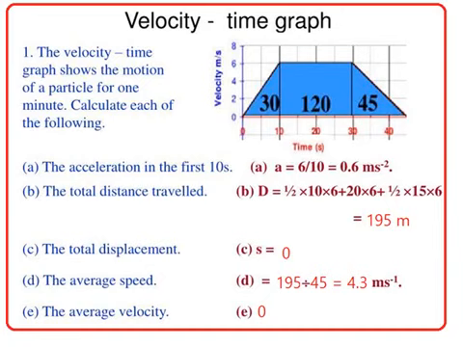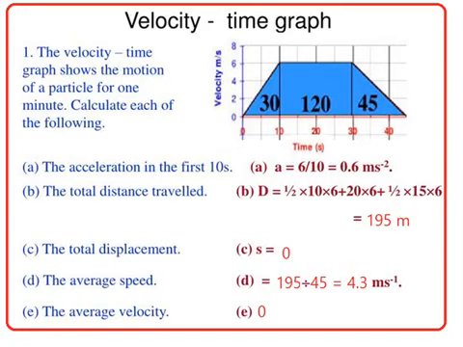So acceleration is calculated by the formula for slope, y2 minus y1 divided by x2 minus x1, or s2 minus s1 divided by t2 minus t1. So 6 divided by 10 is equal to 0.6 meters per second square. The answers are given at the right in red.